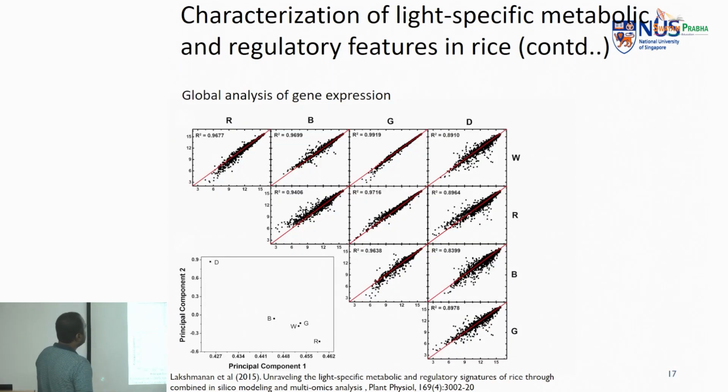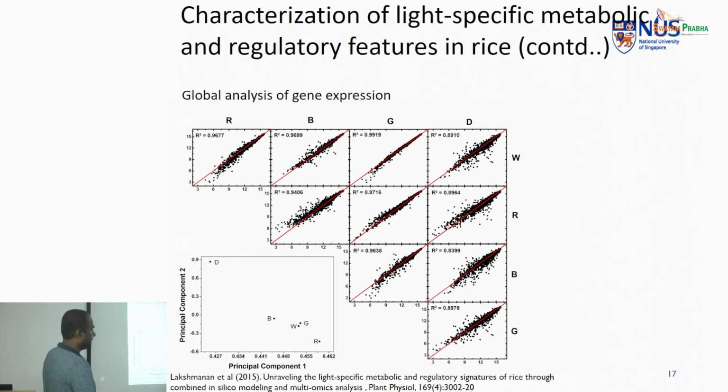So the first thing we wanted to understand is, at the global level, how much the gene expression changes. You could see R denoting red, blue, green and dark, and W denoting white, red, blue and green. When you look at this, red is very close to white in terms of gene expression. The correlation levels are very high, whereas it is far away from dark. This is a PCA plot.